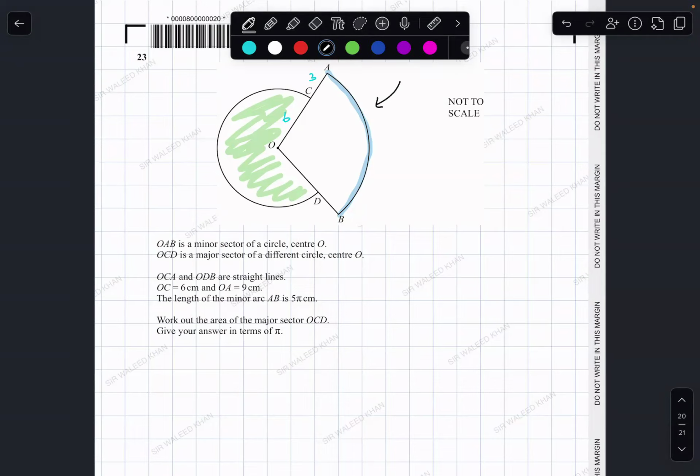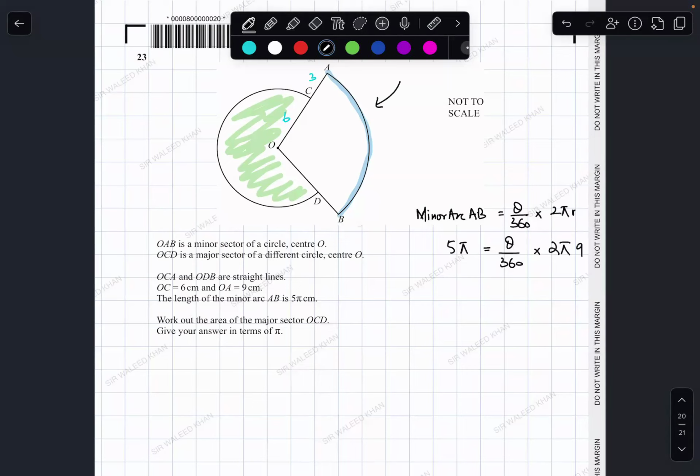So I can say minor arc AB is theta over 360 times 2 pi r. That is given as 5 pi. Theta is not given. Times 2 pi r, where r is 9.